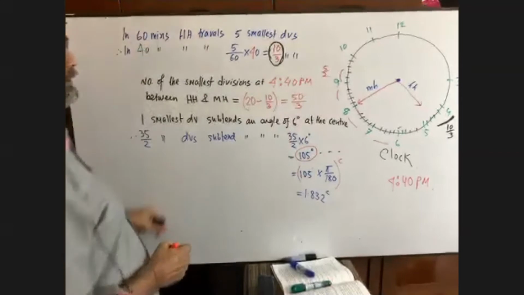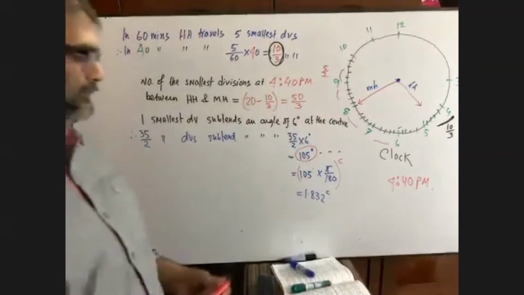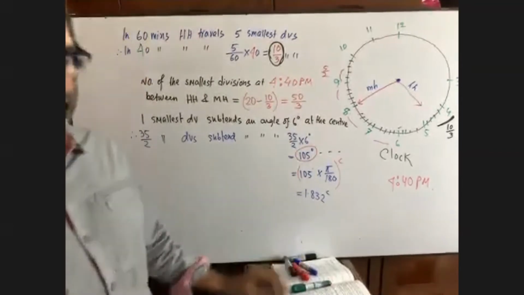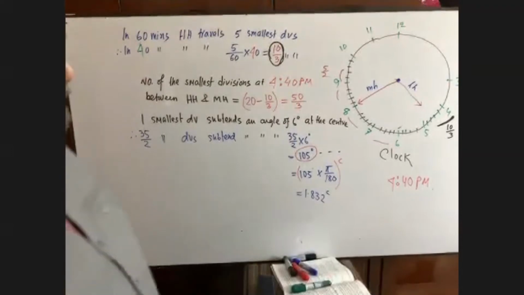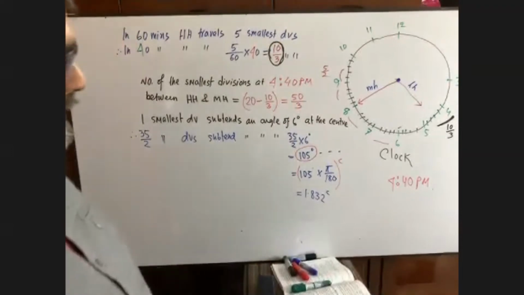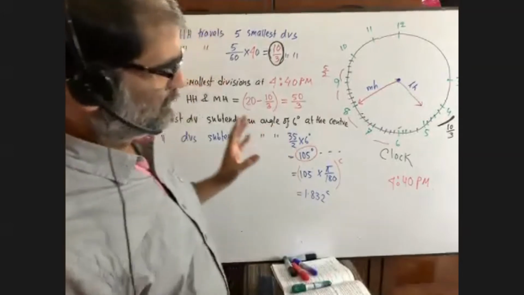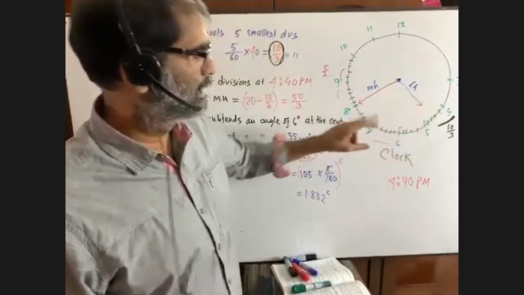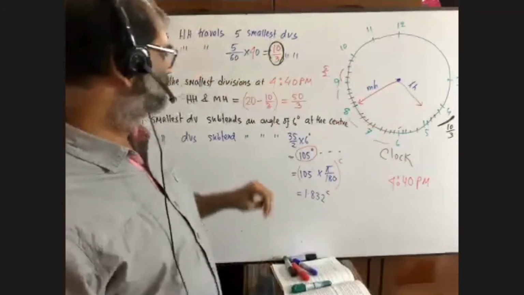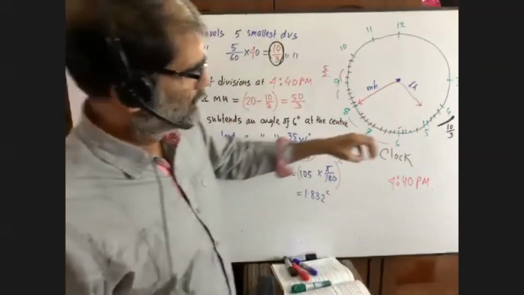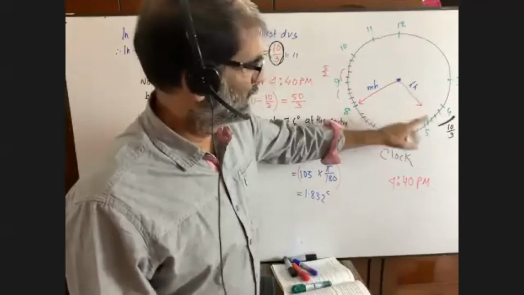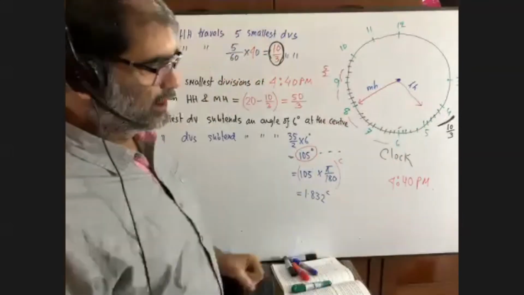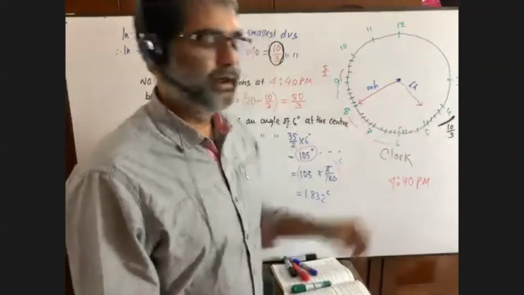Talk to me. What I have done here? I have started counting from 4. 5, 5, 5, 5. There are 4 5s. So it is 20, but the hour hand has already traveled 10 by 3 smallest divisions.